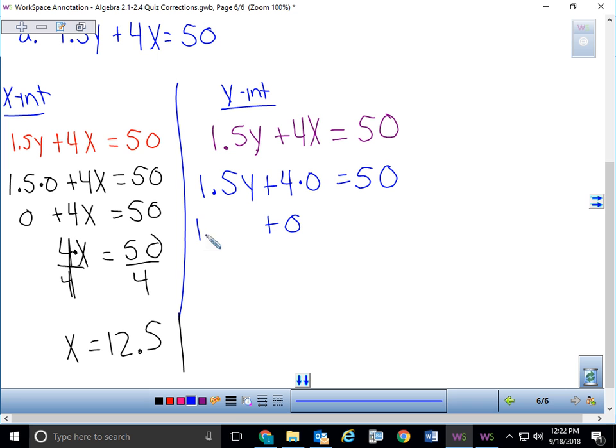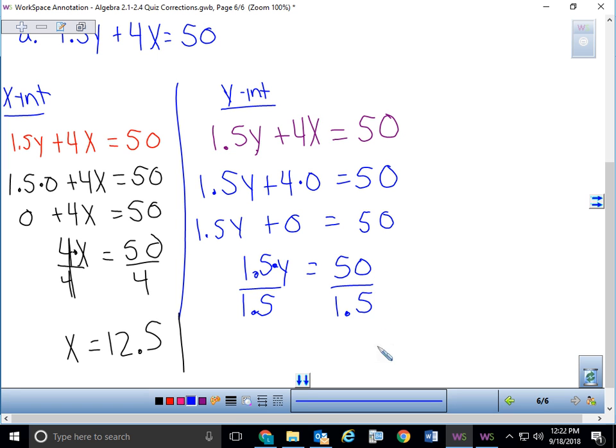So I have 1.5y plus 0 equals 50. 1.5y plus 0 is 1.5y, which equals 50. We have to undo that secret operation of multiplication. To undo that, we're going to divide both sides by 1.5. Again, this isn't going to come out perfect. It's going to be a rough estimate here.